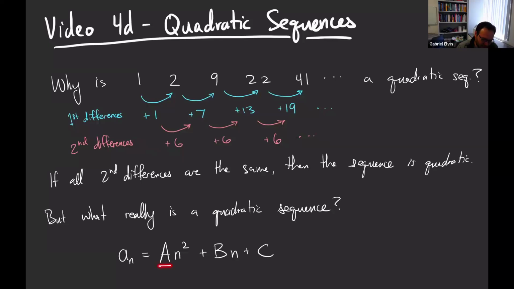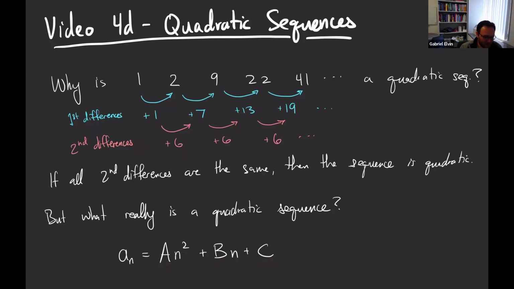By formula, I mean we need to know what these capital A, B, and C are. How do we find that out? The method is straightforward, but not necessarily easy. Let's see how we can do it.